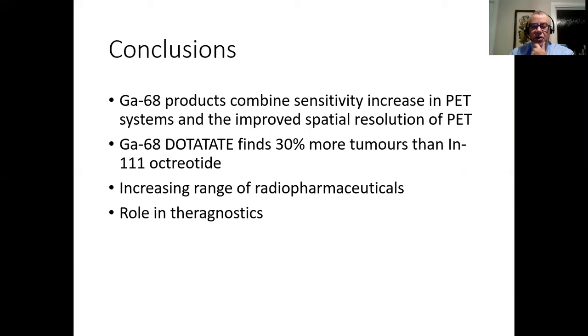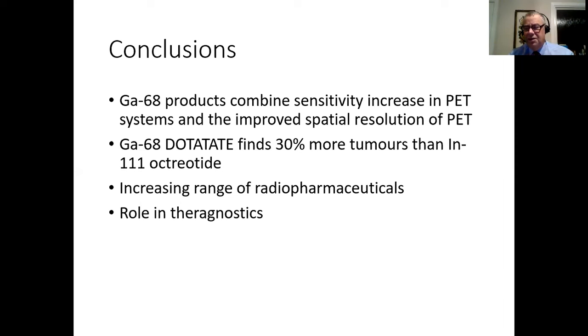So in conclusion, gallium-68 products combine the improved sensitivity and the improved spatial resolution of PET, and you basically find about 30% more tumors than indium octreotide. There is an increasing range of radiopharmaceuticals, which may suit different types of where you are, what you can get hold of.